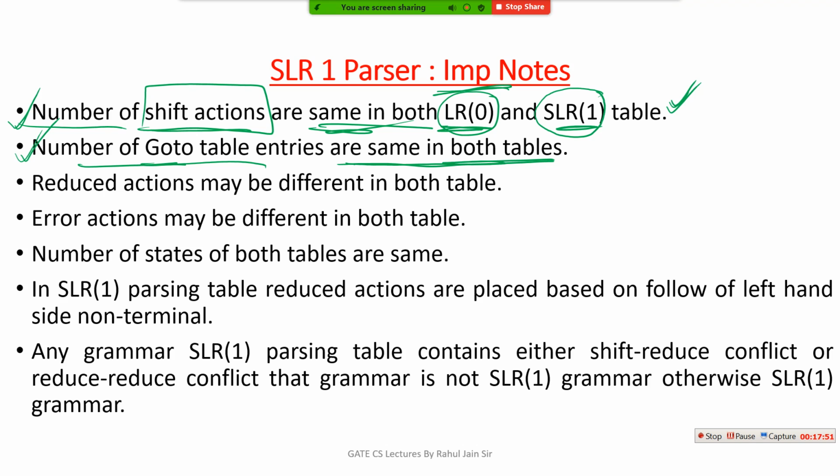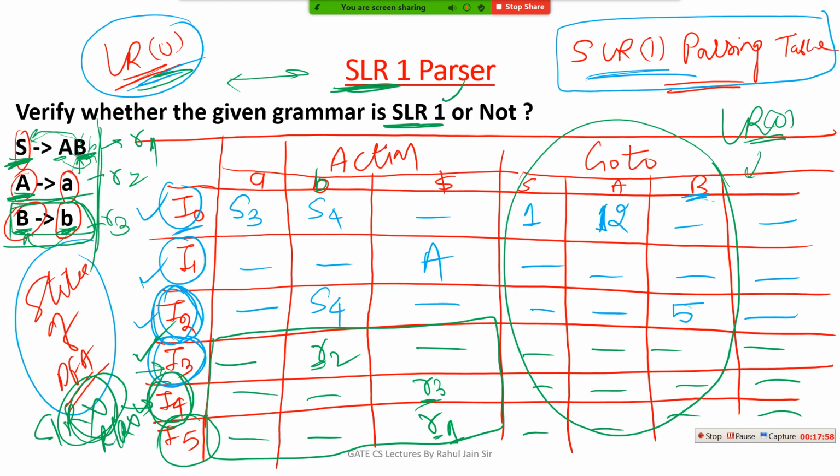The third point is that reduce actions may be different in both tables. Important point: reduce actions may be different, because in LR0 we have this block completely filled with reduce actions, but in SLR1 we have reduced only on the terminals in their right places, right?